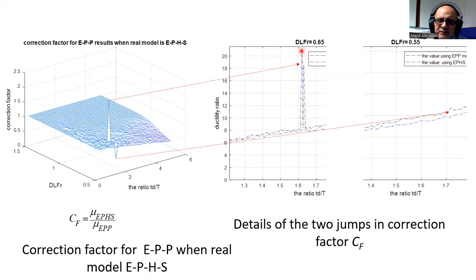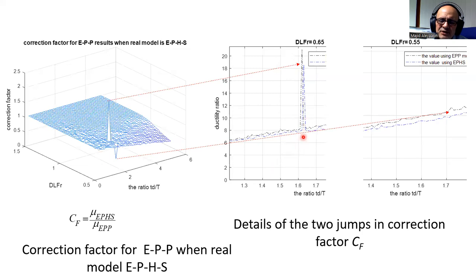And if at this value I calculate the ratio, we see this is the only case that is more than one. Obviously, this is an exception, not the rule, because of the resonance phenomena. And these jump points in both models are not the same.